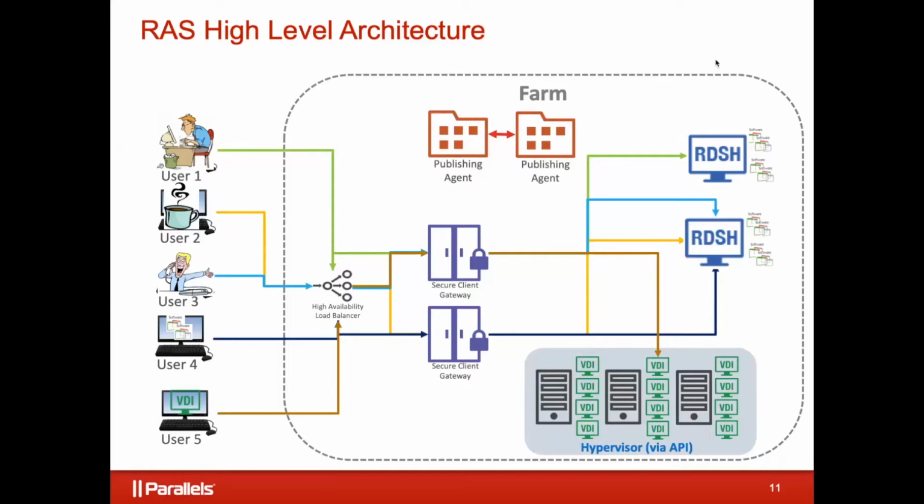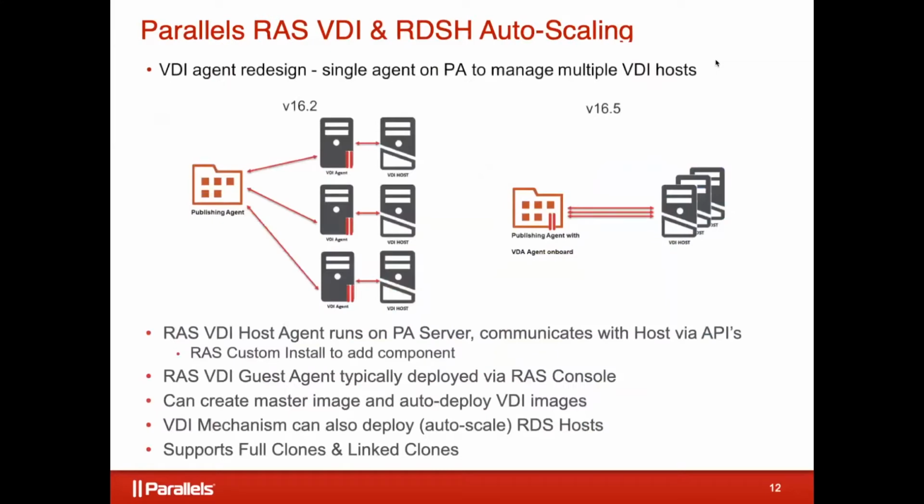A couple of things about VDI. This was updated pretty largely in version 16.5, so just a little while ago. But you might come across something like a VDI appliance, and I'll show you where that is, that we had. That's largely been retired. There might be one hypervisor that still needs it, I can't remember. But it's been largely retired because what we do is we install an agent on the RAS publishing agent server, and then it just communicates to the VDI host, whether that's vSphere, Hyper-V, KVM, Nutanix, Scale, it doesn't really matter.